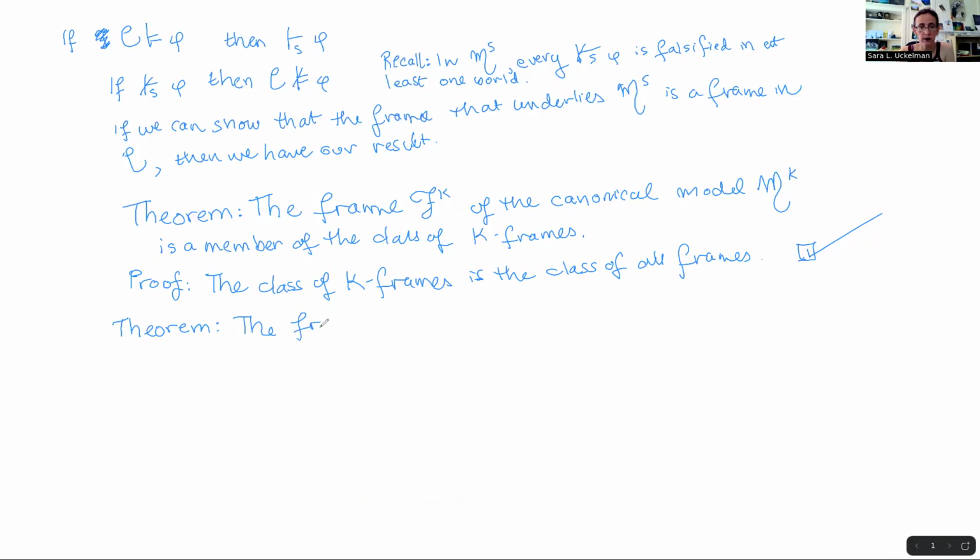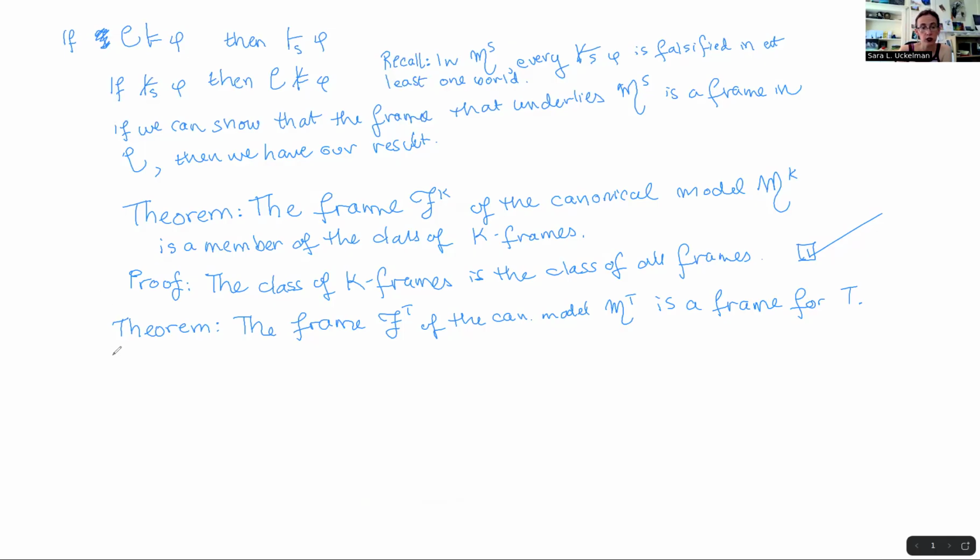So let's do something a little bit more interesting, and that is going to be looking at system T. So what we are going to prove is that the frame Ft of the canonical model Mt, so this is the canonical model for system T, which is K plus the axiom, box phi implies phi, is a frame for T. Now, the class of frames that we are interested in, the class of frames for this logic, is the class of reflexive frames.